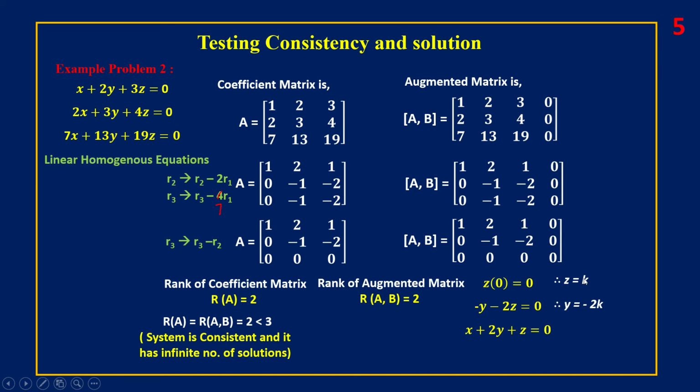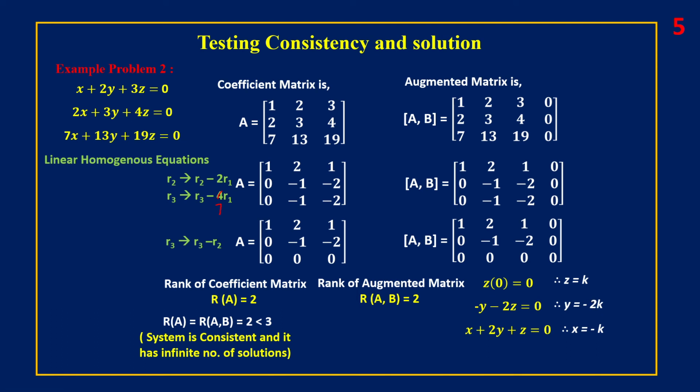And if we substitute z equal to k and y equal to minus 2k in this equation, we will get x as minus k. So x equal to minus k, y equal to minus 2k, z equal to k. Where k is the constant term, for any k value we have the values.